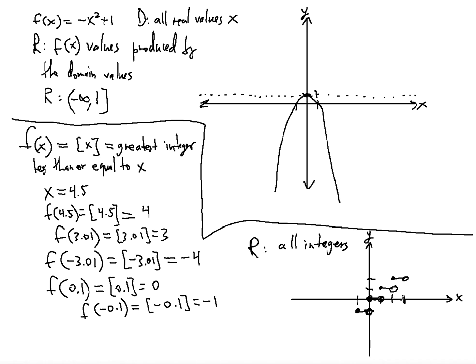So we can check this result. When x is 0.1, the result is going to be 0. When x is negative 0.1, the result will be negative 1. So it makes sense how we drew the graph.